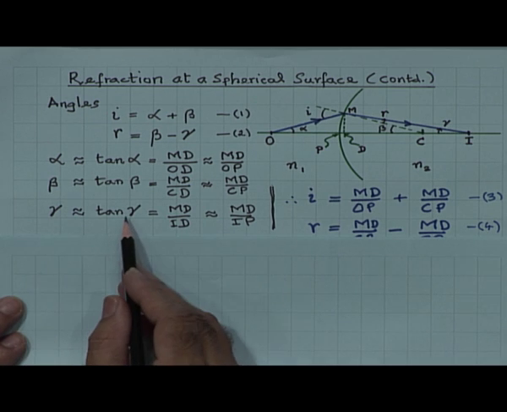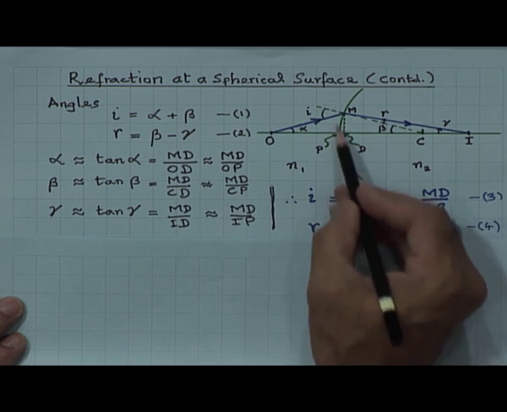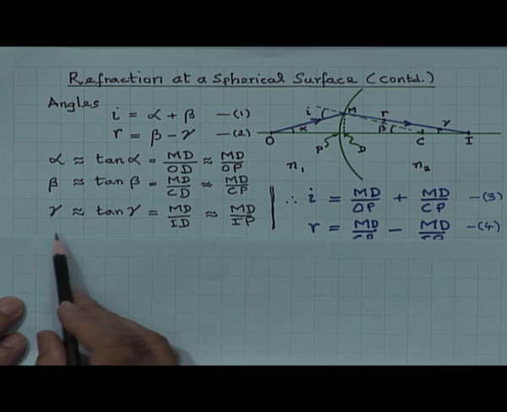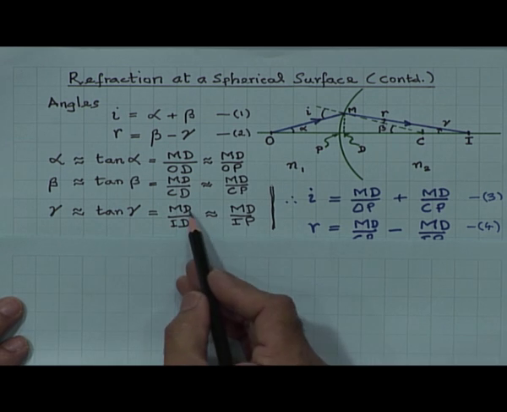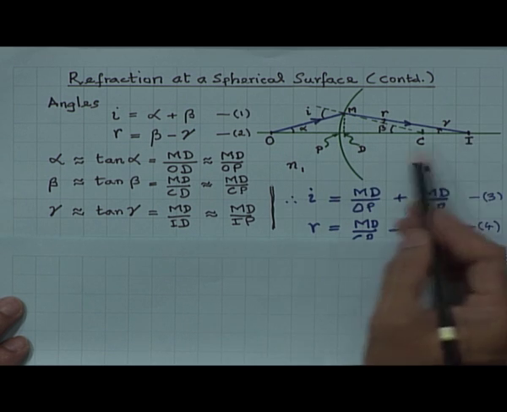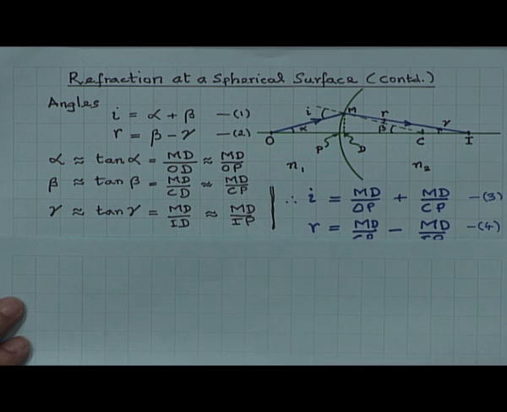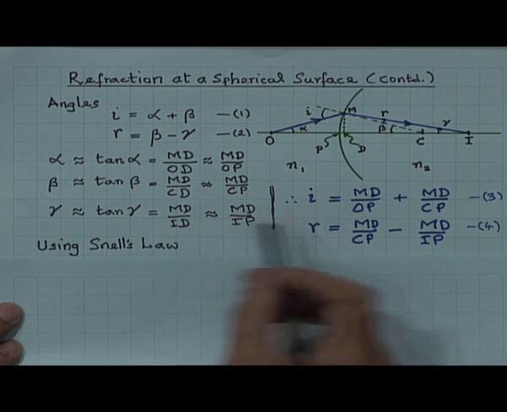And gamma is equal to tan gamma. If you look at the triangle MDI, then gamma equal to tan gamma is equal to MD divided by ID, but IP is the image distance, so we are approximating it by MD by IP.